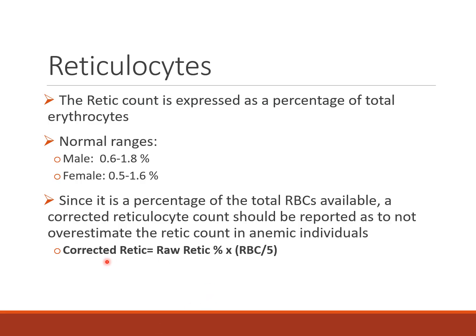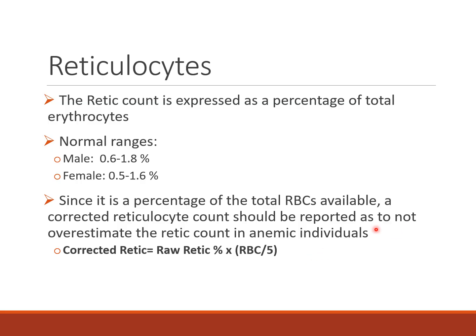So the corrected reticulocyte count is going to equal the raw retic percent times your red blood cell count divided by 5. It's a very easy calculation, but know this calculation and be able to utilize it.